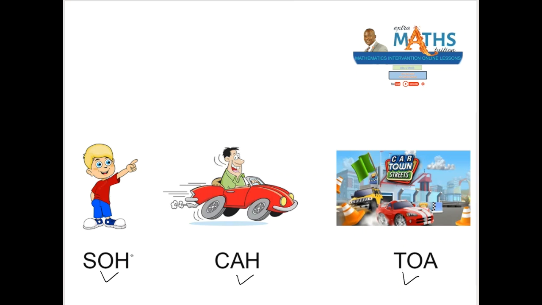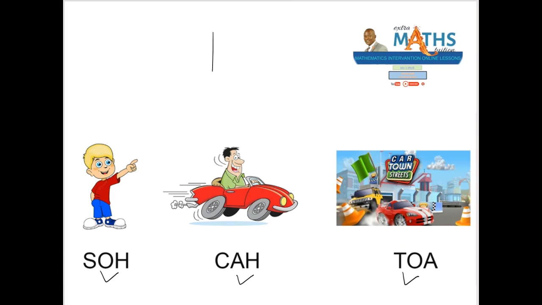The young boy said, I just saw a car at the town. What does "so" mean? It means sine theta, which is opposite over hypotenuse. What does the car mean? It's your cos theta, which is adjacent over hypotenuse. And what is the town? It's tan theta, which is opposite over adjacent.